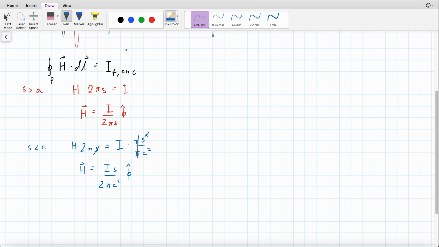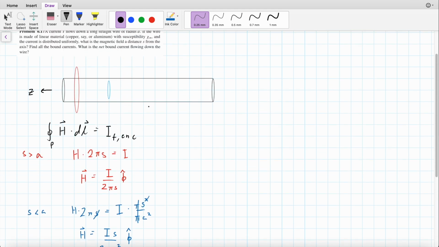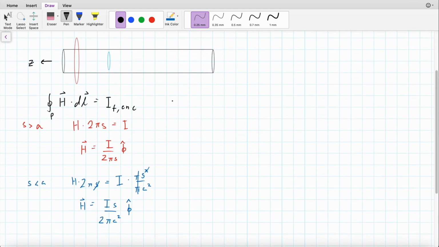Going along, we can now solve for the magnetization. Magnetization, M vector is equal to chi m H vector.